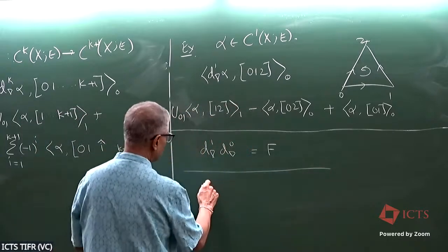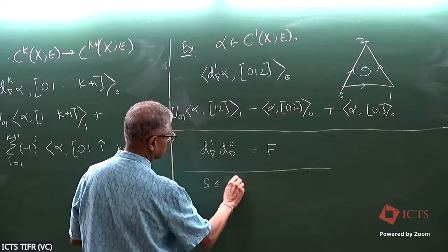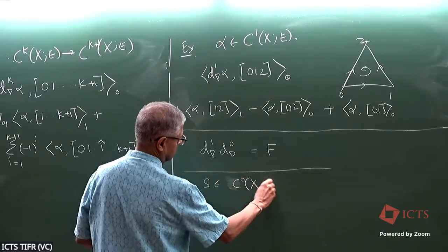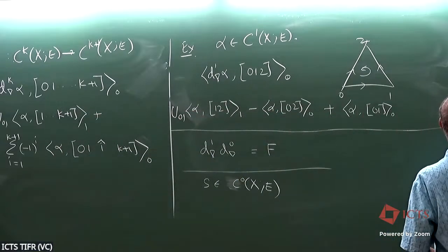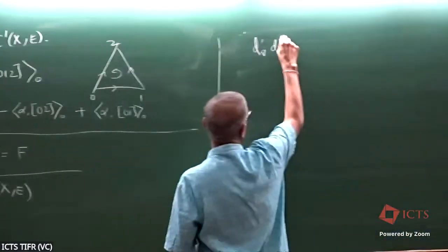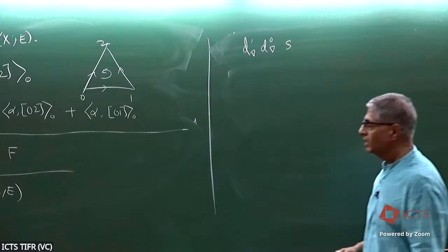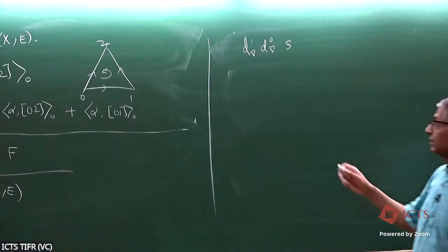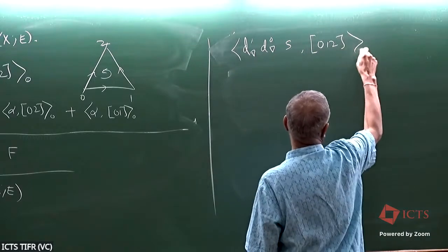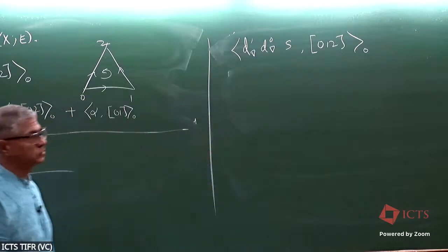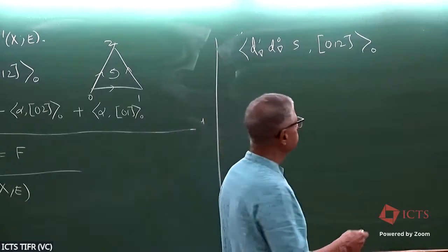So let's take a section and do this: D1, D0 of the section. So that's going to be something that lives on a triangle. So let's feed it a triangle, and it'll take a value at 0. So this is what we should compute, and out will pop a definition of curvature.